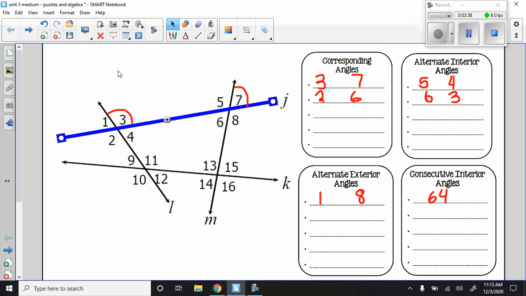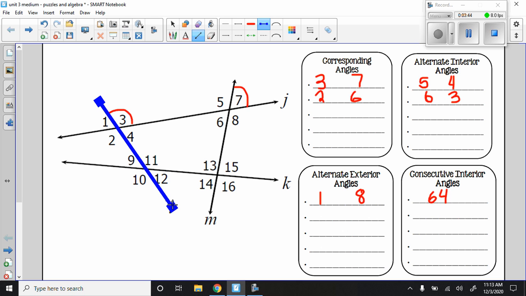But I want you to look at this. What if we focused on this bridge? 3 is a top right, and now 11 is a top right. So that is another corresponding relationship.